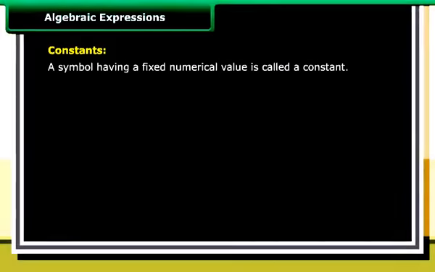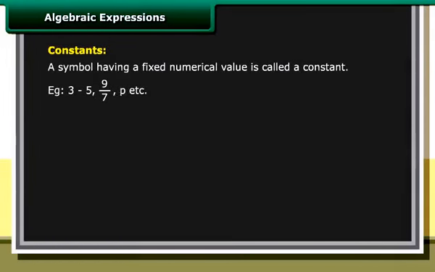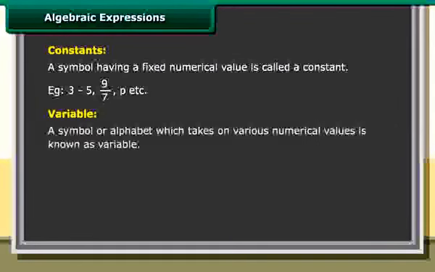Algebraic expressions. Constants. A symbol having a fixed numerical value is called a constant. Example, 3, minus 5, 9 upon 7, pi, etc. Variable. A symbol or alphabet which takes on various numerical values is known as a variable.